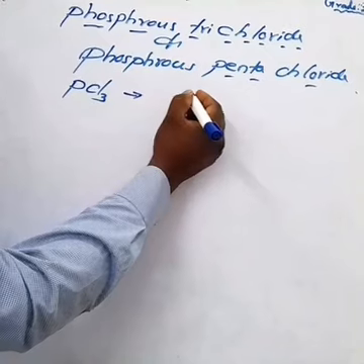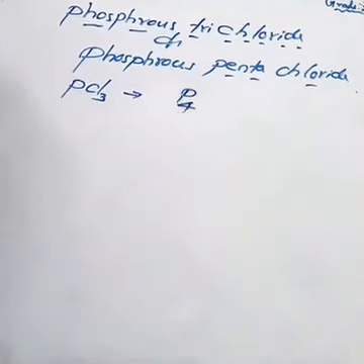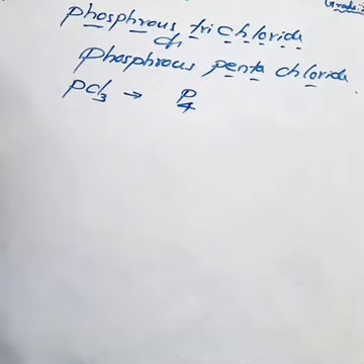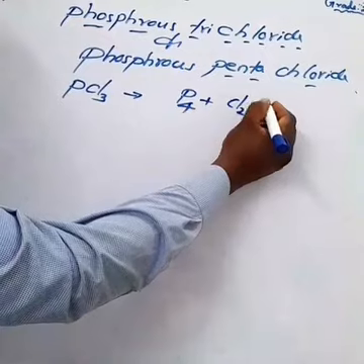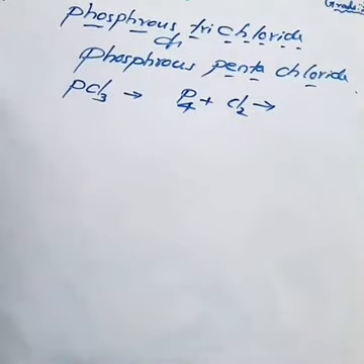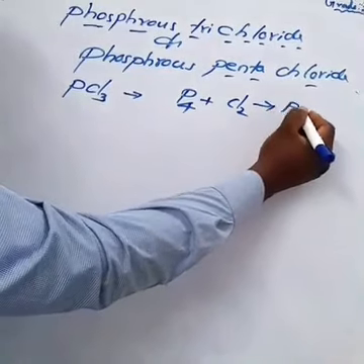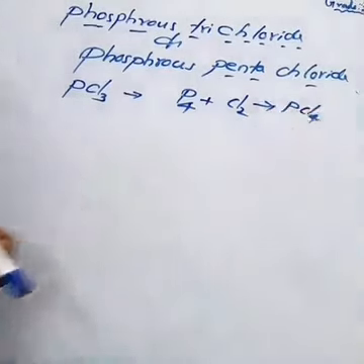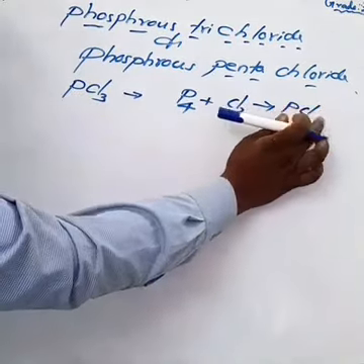By the reaction between white phosphorus and chlorine. With a slow stream of chlorine, the phosphorus combines with the chlorine and we get phosphorus trichloride. The formula of phosphorus trichloride is PCl3.